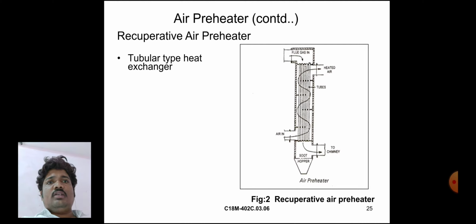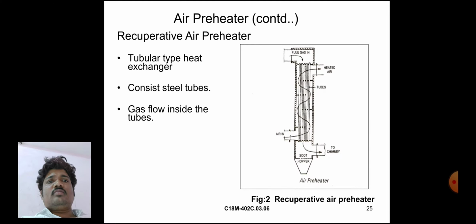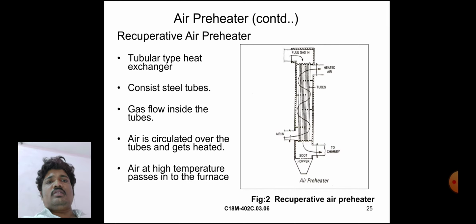In the recuperative air preheater, the tubular type heat exchanger consists of steel tubes. Gas flows inside the tubes. Air is circulated over the tubes and gets heated.